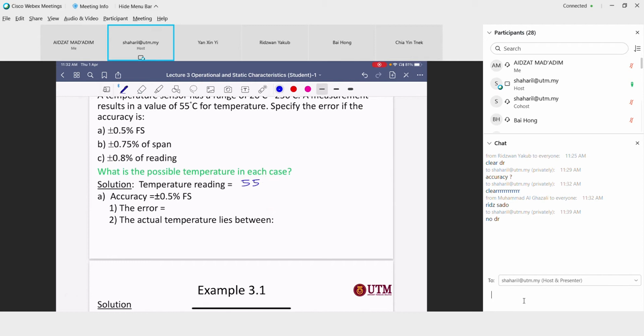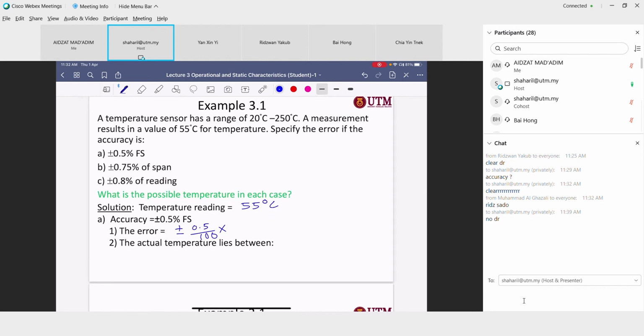This one you got the temperature is 55 degree. The accuracy it gives you is 0.5% full scale. That means from this one you can get the error: 0.5 divided by 100 times the full scale. Full scale means the maximum the transducer can measure, that means 250 degree. Then you will get plus minus 1.25 degree.